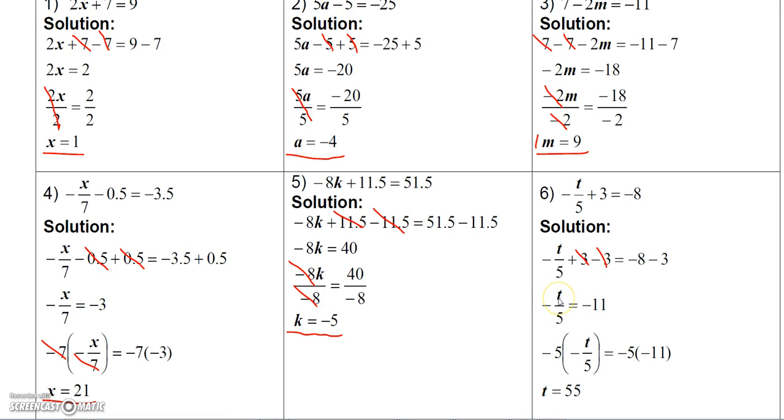And then I have negative t over 5 equals negative 11, and then to get rid of the 5 I have to multiply by 5, but to change this to positive I have to multiply by negative 5. And so I'm going to multiply the right hand side by negative 5, and that's going to cancel the negative 5 in the denominator here, and I'll just get t on the left. And then on the right I had to multiply negative 5 times negative 11, and that gives me positive 55.